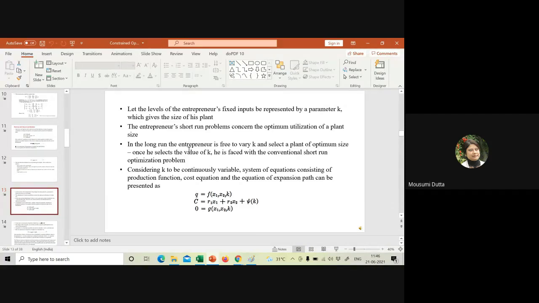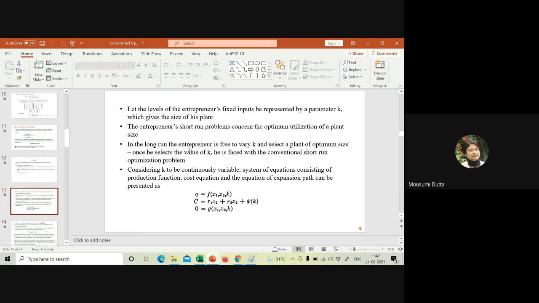In the long run, the entrepreneur is free to vary K and select a plant of optimum size. Once he selects the value of K, he is faced with the conventional short-run optimization problem. Considering K to be continuously variable, the system of equations consisting of production function, cost equation, and equation of expansion path can be presented as follows.